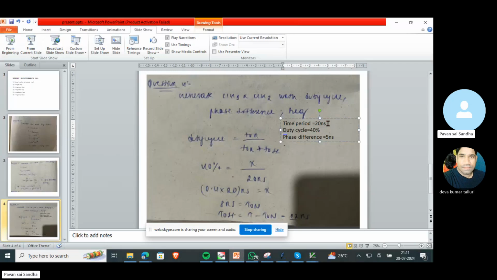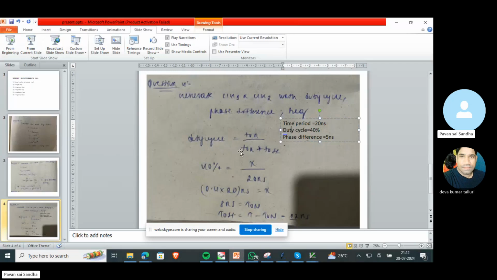Time period is 20 nanoseconds and duty cycle is 40%. 40% duty cycle means T on must be for 40% out of 100%. For 40%, T on must be on. For the remaining 60%, T off should be on. See, it must be in zero. So the phase difference between the two clocks, clock 1 and clock 2, should be 5 nanoseconds. I will show it in code.